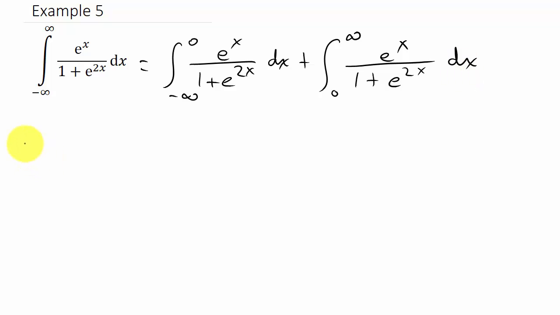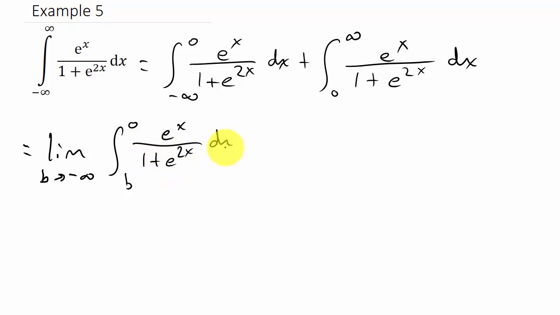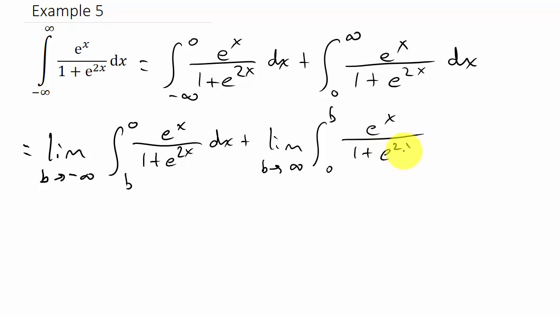Alright, so now let's rewrite this. That's going to be the limit as b goes to negative infinity, since for this one b is going to negative infinity, of the integral b to 0 of e to the x over 1 plus e to the 2x dx, plus, for this one, the limit as b goes to infinity of the integral 0 to b of e to the x over 1 plus e to the 2x dx.